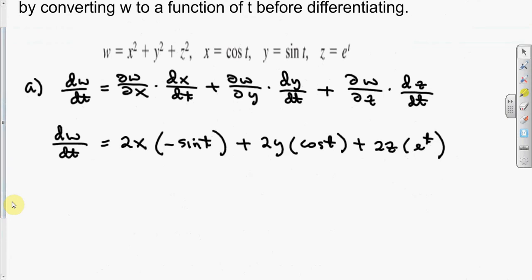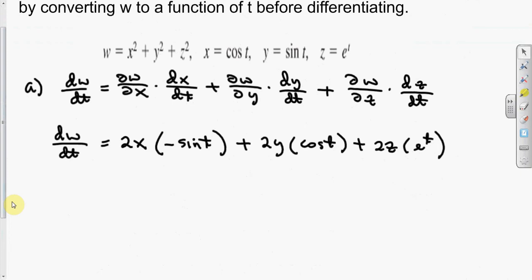Now, to get part B and to get the answer so that both answers look the same, let's take dw over dt and write it as a function of t alone. Because dw over dt is a function of x, y, z, right?